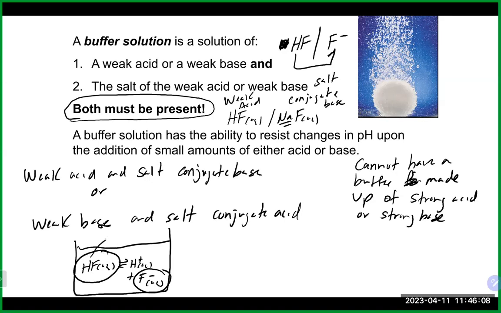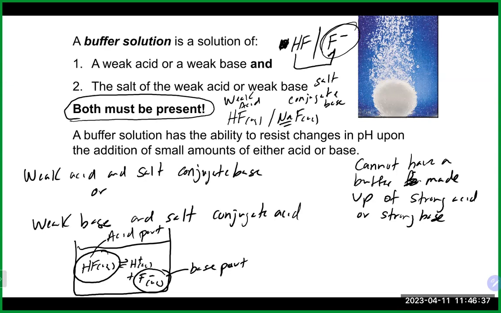It's basically the acid part and the base part of the buffer. And in this case, we're actually going to have a little bit more of that F- than we normally would, because we're going to add some sodium fluoride to it. So we kind of beef up the F- part of the buffer. But that allows both of those things to be in the solution to begin with, and that's really important for how a buffer is able to function.